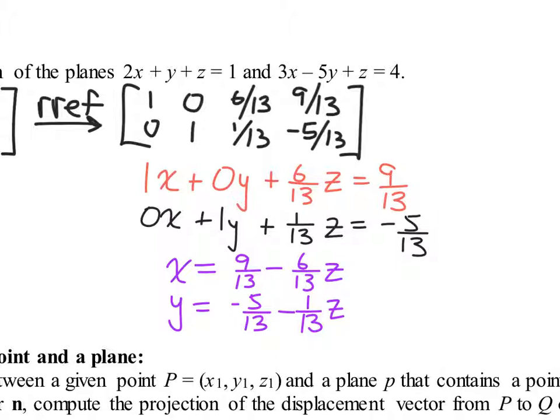Is it equal to something in particular? Maybe. But there's no indication that it's equal to something in particular. So really, since x is dependent on z and so is y, it's not bounded in any way. We don't have any restrictions on z. So therefore, z would be some value z.